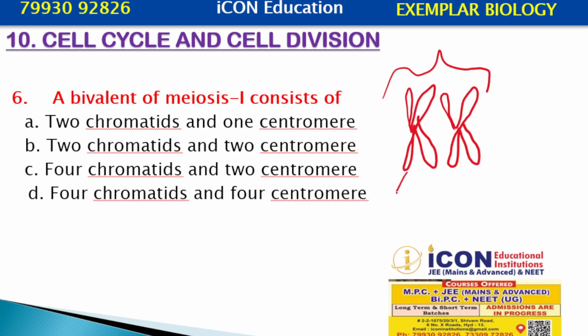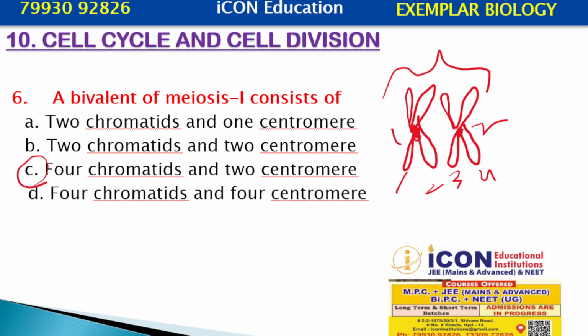You see, this is 1, this is 2, this is 3, and this is 4. 4 chromatids are there, and this is centromere 1, and this is centromere 2. 4 chromatids and 2 centromeres is the correct option. Bivalent is formed during prophase I of meiosis under the stage zygotene.